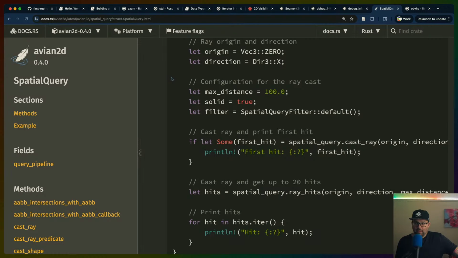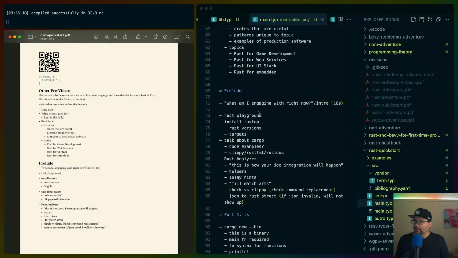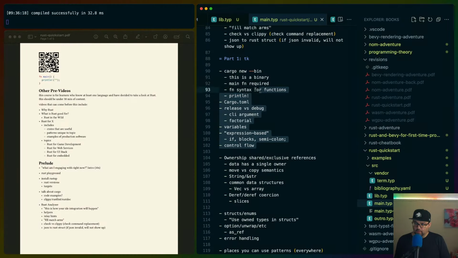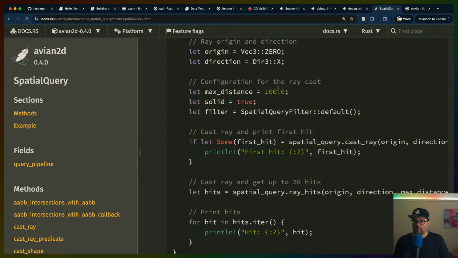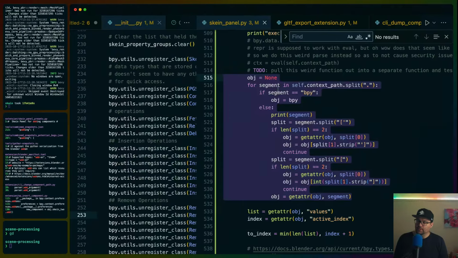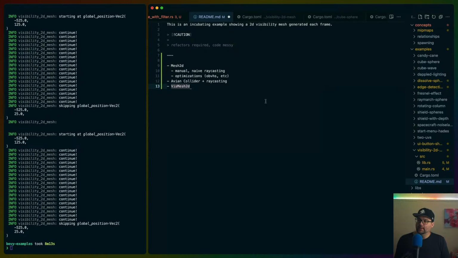So when we were talking about the videos that we're going to make and ship, like why Rust, and 30 minutes into Rust, and the Rust language workshop stuff, this is all planning that next generation. A bunch of that content will go on Rust Adventure. I'll release some of it on YouTube, I believe. I haven't decided what's going where yet.